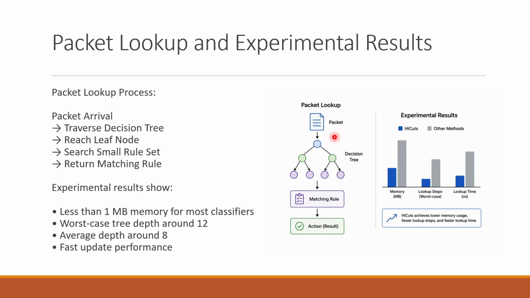The packet moves through the different decision nodes according to its header information until it reaches a leaf node. The leaf node contains only a small number of possible rules. Then the system selects the highest priority matching rule and applies the action.